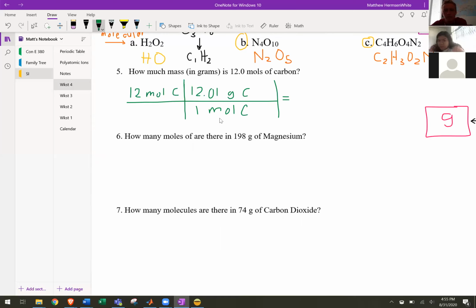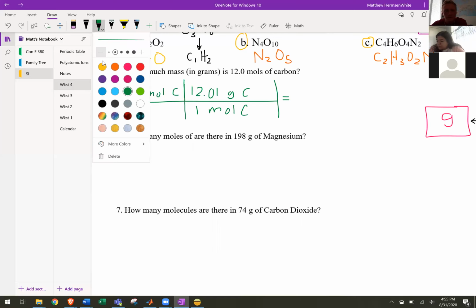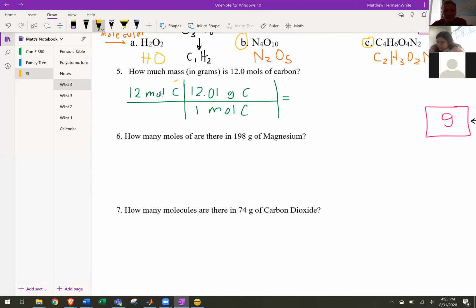Now I put the moles of carbon on the bottom so that the moles on top cancel with the moles on the bottom. That's the rule with these stoichiometry calculations: 1 unit on top has to cancel with 1 unit on the bottom. And when they cancel, look what we have left. We have grams of carbon left.